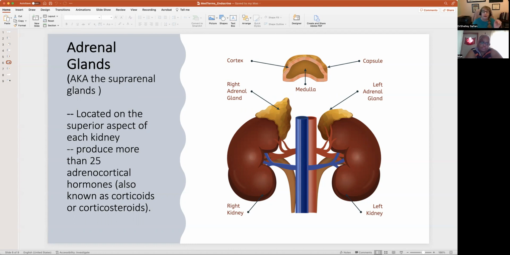Adreno, again, adrenal, right? Okay, and so these help keep things going. They also affect your immune system, as you might know from your own personal experience or somebody you know that had to take steroids or corticosteroids with an infection or something like that. Okay.